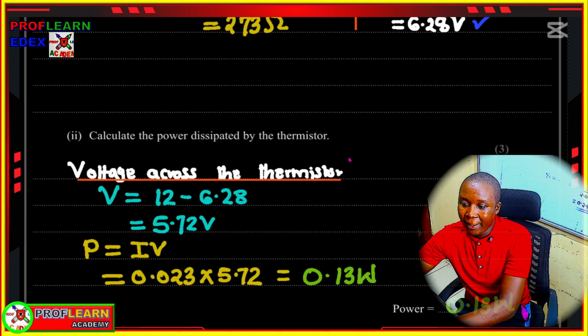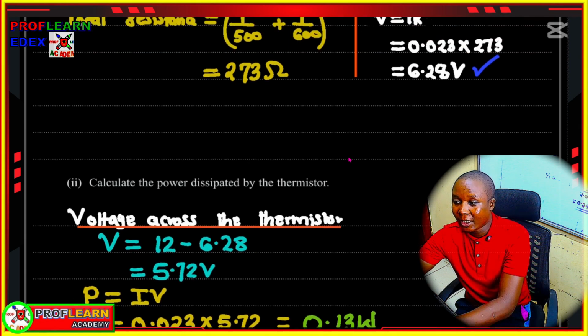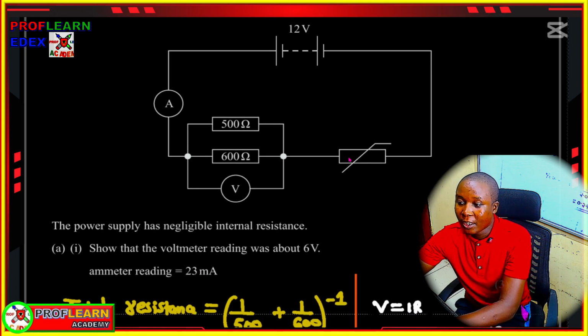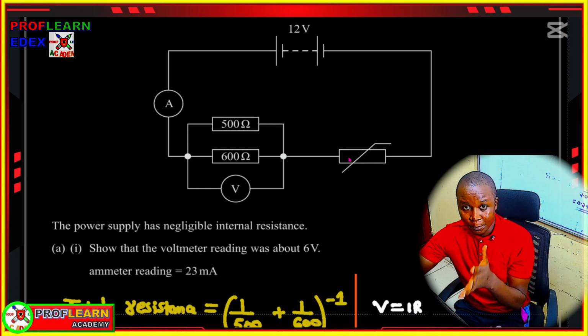Now calculate the power dissipated by the thermistor. We know that power dissipated is given by the formula power equals current times voltage. So if we know the voltage of the thermistor and the current passing through that thermistor, then we can get the power dissipated.